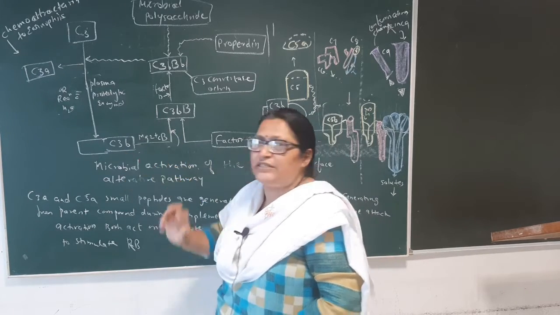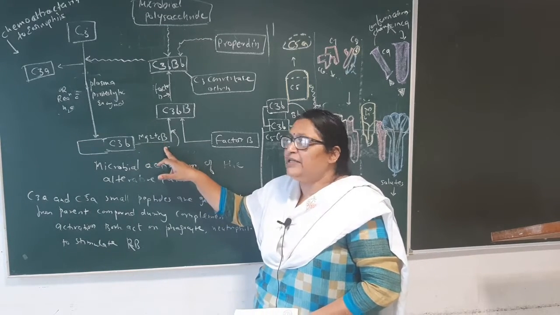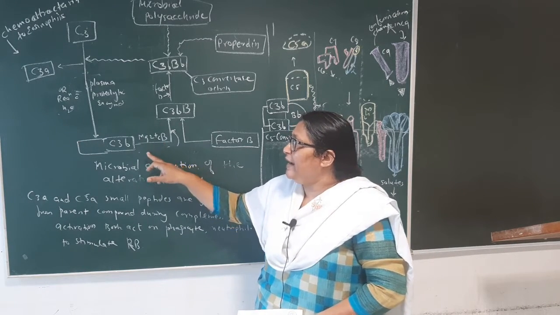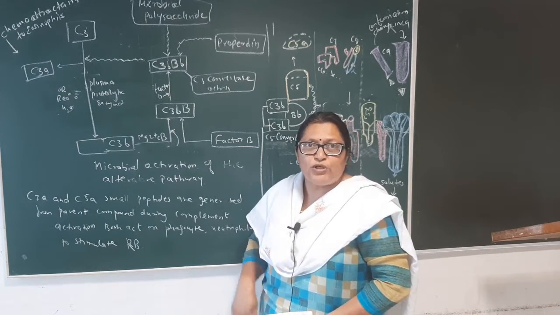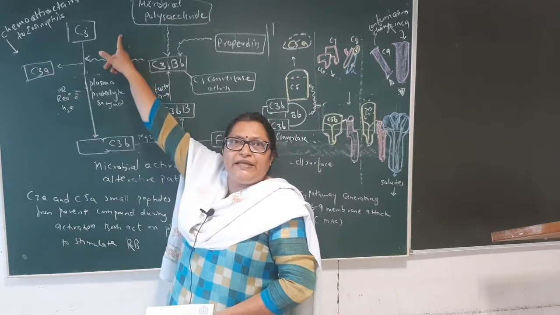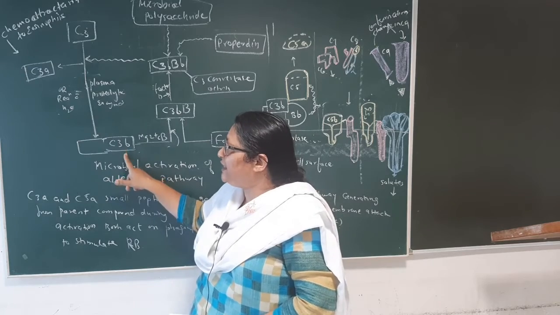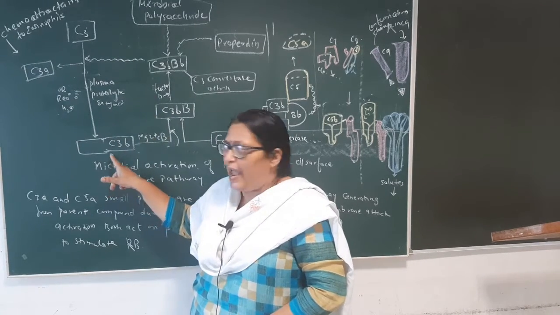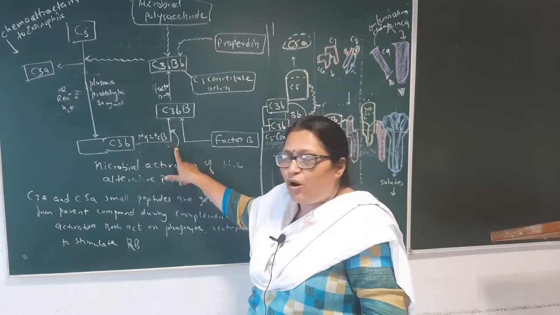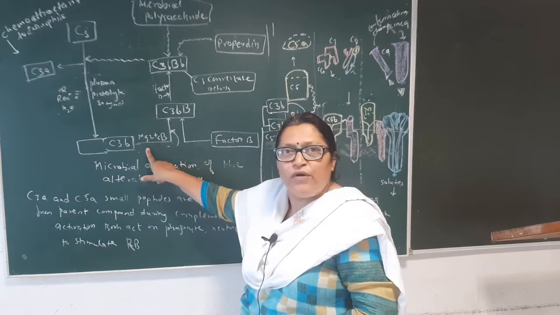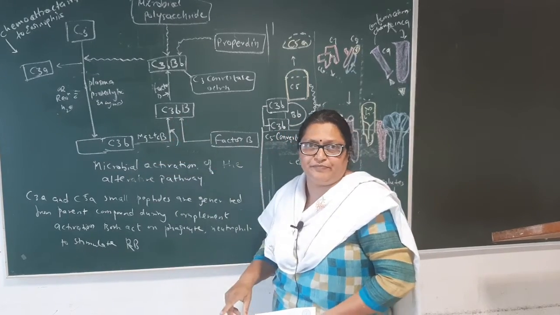Now, C3b, once it forms, in the presence of magnesium and another factor, factor B, it is converted into C3bBb. So, first, C3 is converted to C3a and C3b. Second, C3b, the activated form of C3, joins to form a complex with factor B in the presence of magnesium ion and forms a big complex, C3bB.